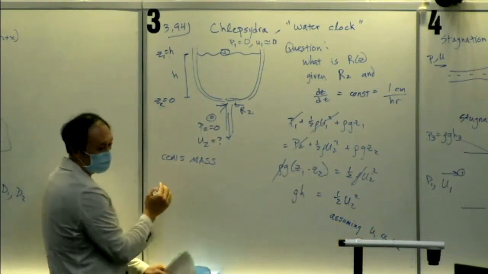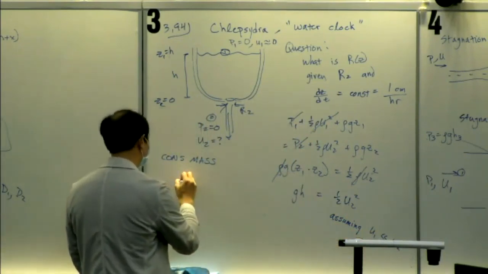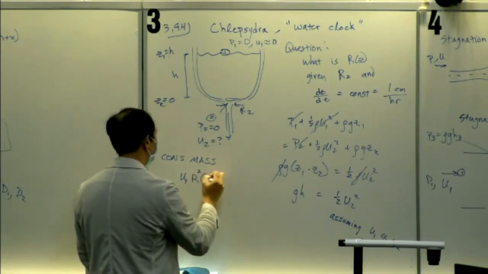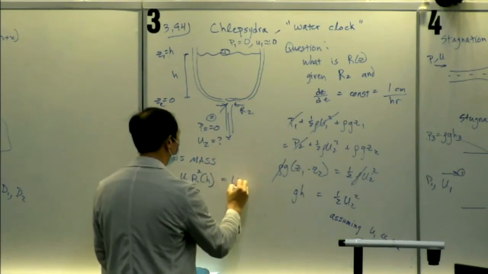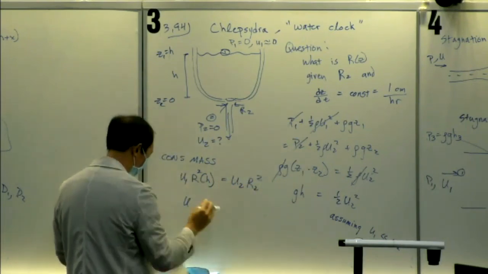And now for conservation, you have to assume that it's non-zero. So you got U1 R of H squared is equal to U2 R2 squared.